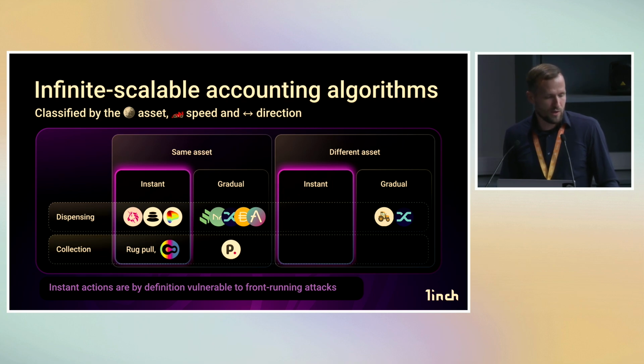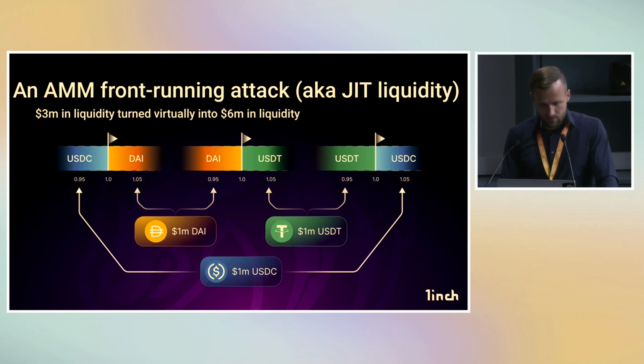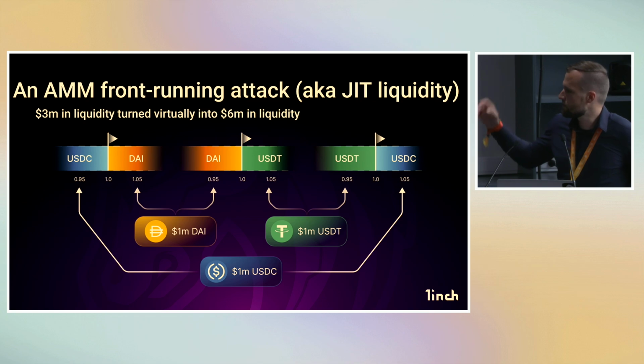For example, whenever someone sees that a huge swap is coming to an AMM and a huge commission will be earned by liquidity providers, there is a possibility to inject your liquidity right before this swap to get a significant share of those fees and then remove your liquidity. That's what's happening: JIT liquidity, just-in-time liquidity.